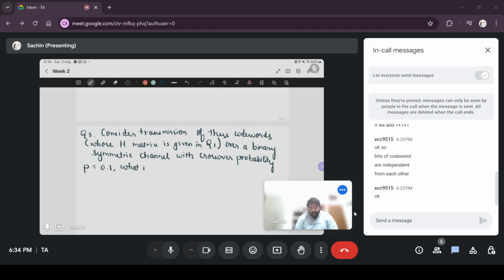What is the probability of undetected error?